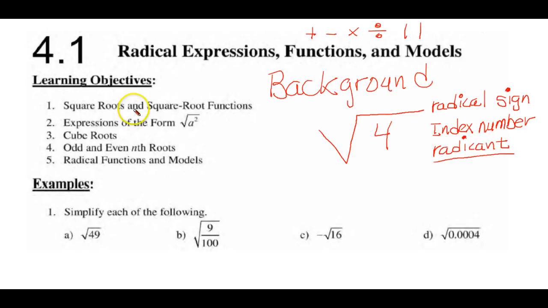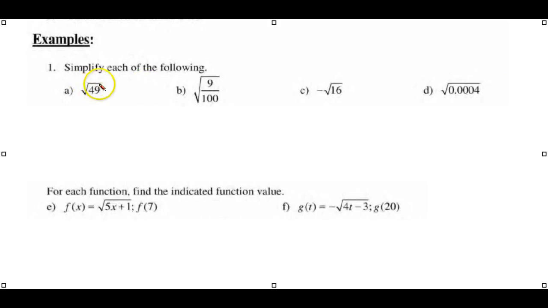Okay, now we're going to be doing these, and as I model them, we'll give you some background and answers. So the operation here is to simplify. So we take the square root of 49. What two numbers multiplied together give you 49?